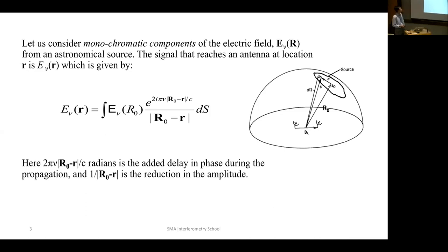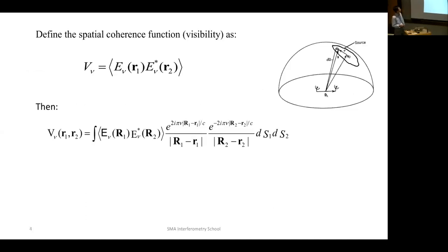All right. So now let's define this cross-correlation function V as a function of frequency nu. This is also sometimes referred to as the spatial coherence function, or visibilities.